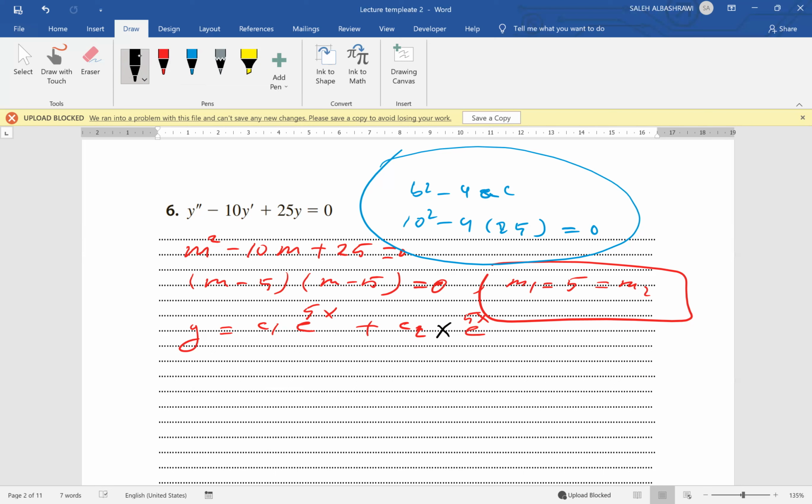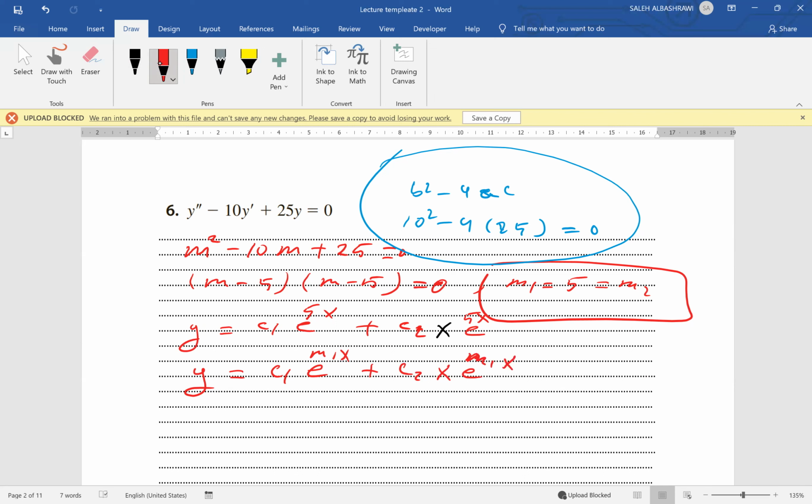So for similar roots of the auxiliary equation, the second solution must be multiplied by x. In general, the solution is y equal to c1 e to power m1x plus c2x e to power m1x.